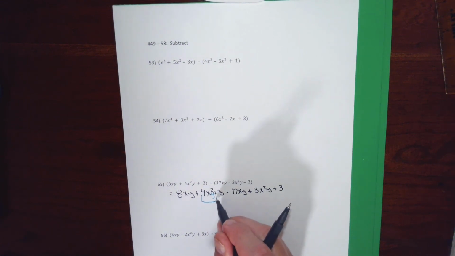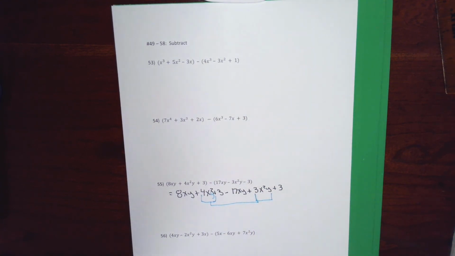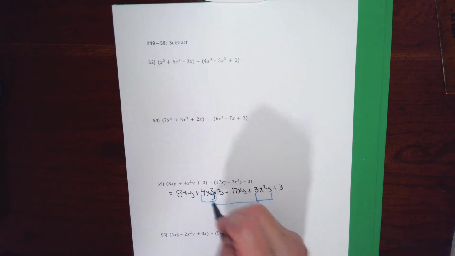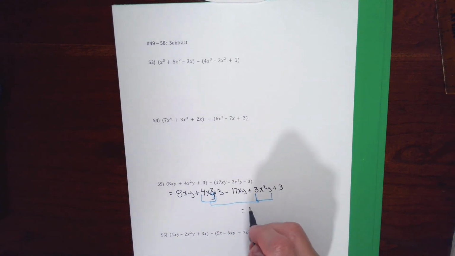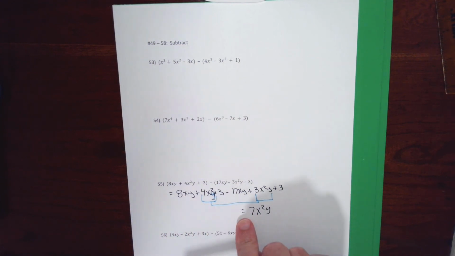So I'm going to combine 4x squared y with 3x squared y and write that first because that's a third degree term and that's going to be the highest degree term. So that 4x squared y that I forgot to write and 3x squared y add up to 7x squared y. I should be writing equals because what I'm writing is equal to the line above it.